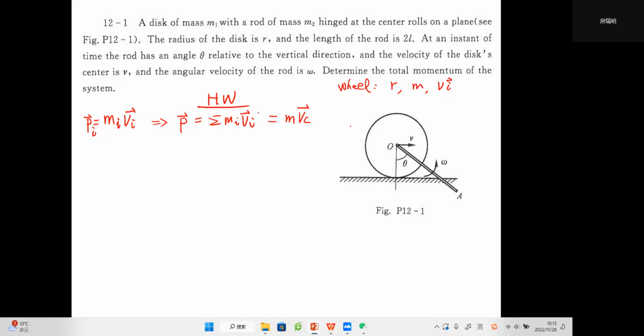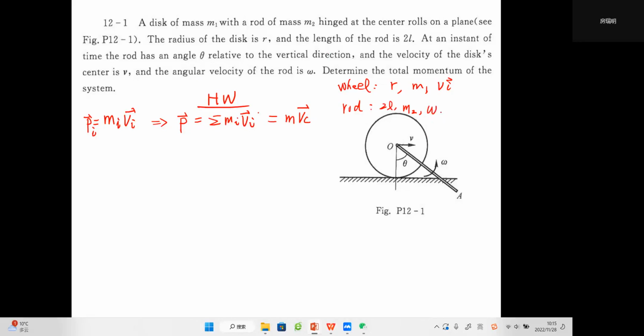And the second body is the rod OA. It has a length of 2L. It has the mass m2, and the angular velocity of the rod is omega.